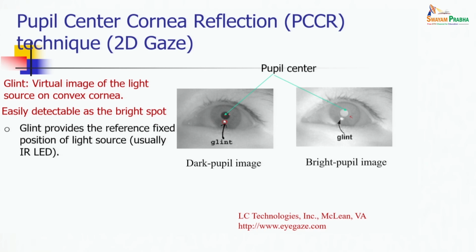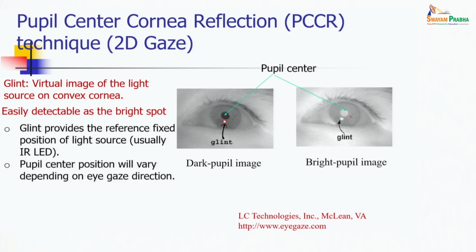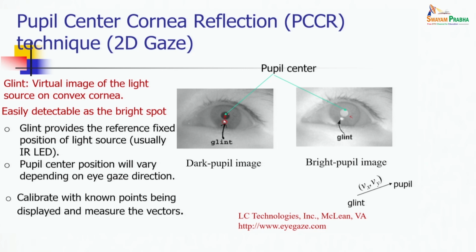Only when the pupil moves, the pupil's direction or location will change with respect to the light source. So the pupil center position will vary depending on the eye gaze location. So what we measure in that case: if I identify the center of the pupil and the light source, I can get this vector, which is called the glint pupil vector.